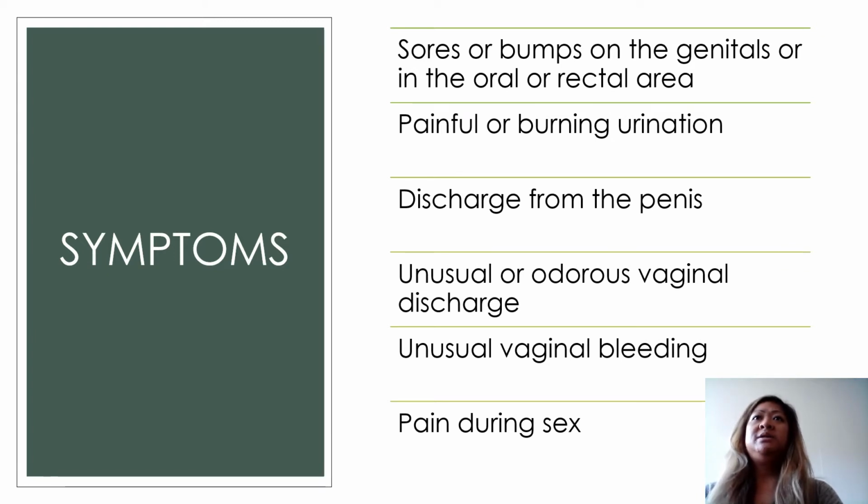And some of these symptoms can be sores or bumps around the genitalia, oral or rectal area, painful burning urination, unusual discolored malodorous penile and vaginal discharge, unusual vaginal bleeding, pain during sexual intercourse, lower abdominal pain, sore swollen lymph nodes, fever, and rashes.